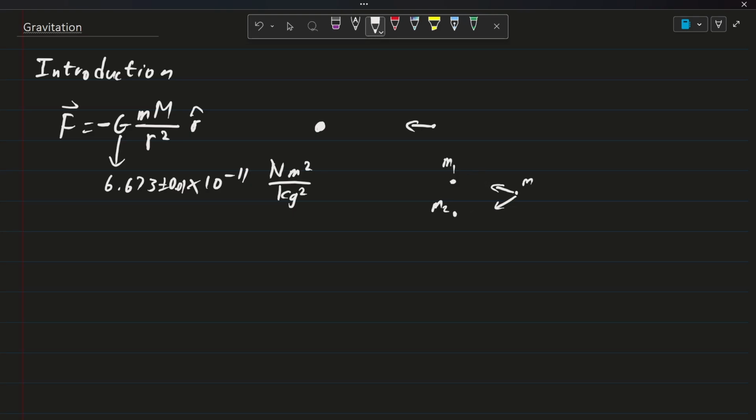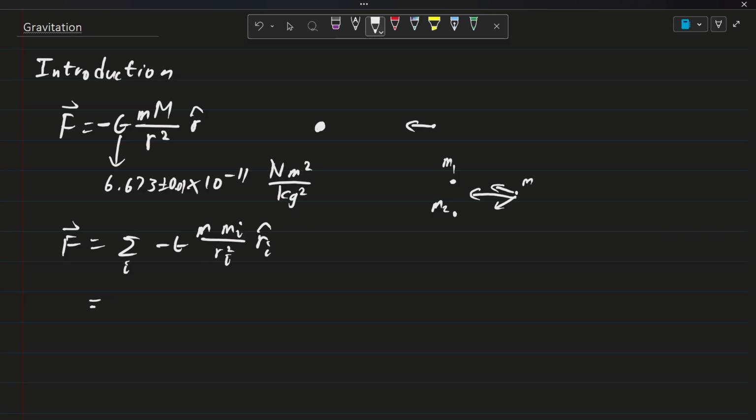It turns out that the gravitational force is additive, so you could just add them both up. It could be written that the force vector is the sum of negative G m mi over ri squared ri hat.